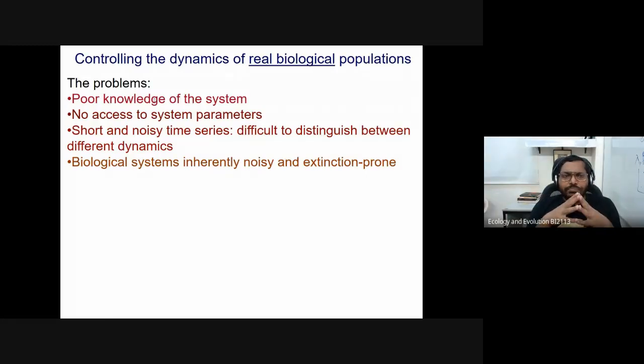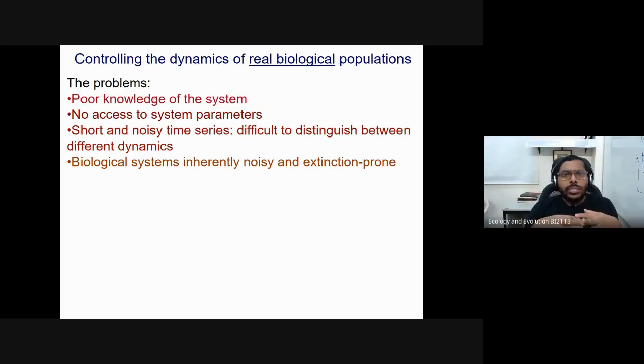And finally, much of the methods that have been proposed are in the context of noiseless systems, and any biological system is inherently noisy, which makes the utility of those methods in controlling them rather problematic.